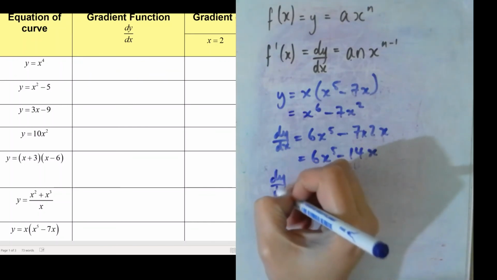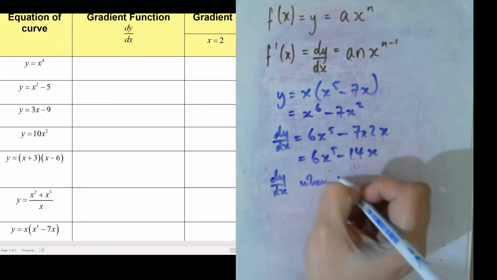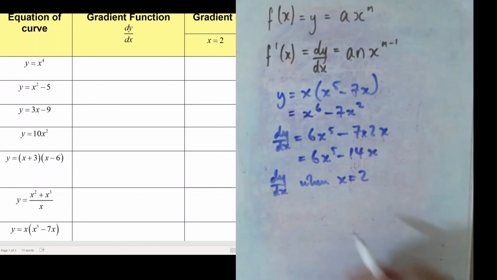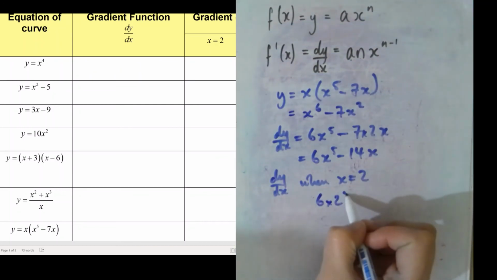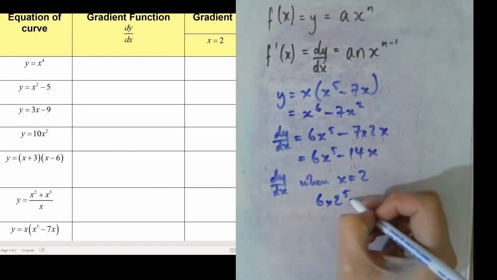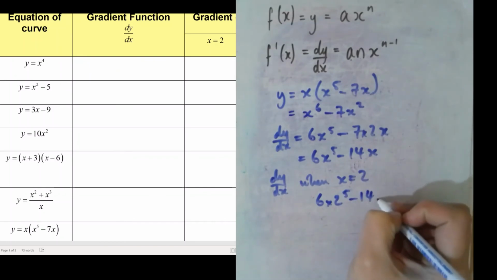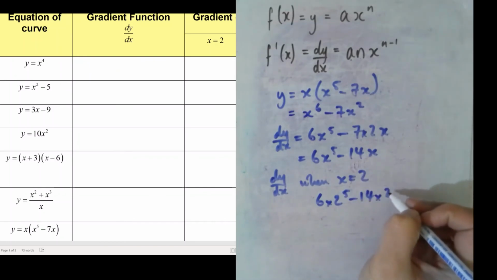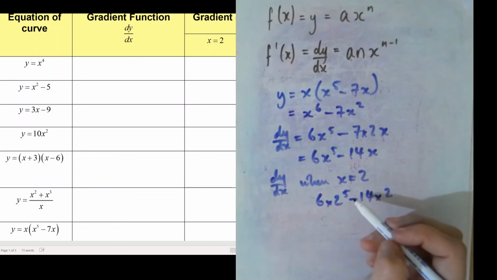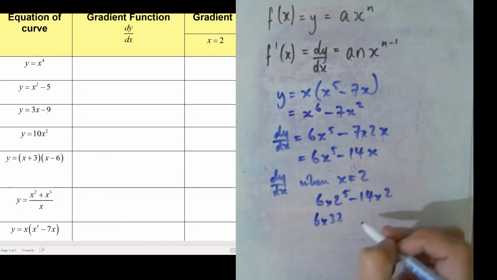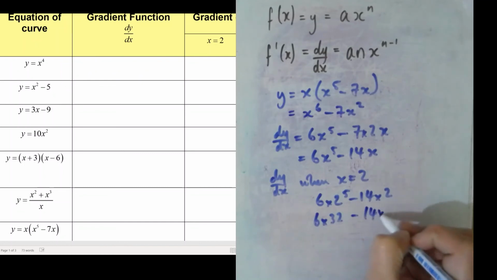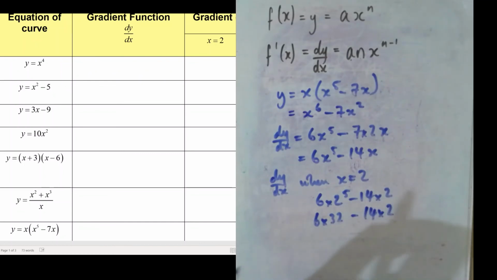Okay, and then just putting dy/dx when x equals 2. So that would be 6 times x to the power of 5, take away 14 times 2. Fun times. Okay, so 2, 4, 8, 16, 32, so that will be 6 times 32, take away 14 times 2.